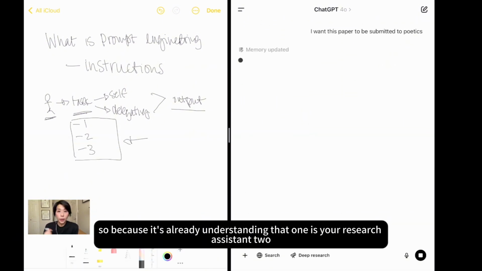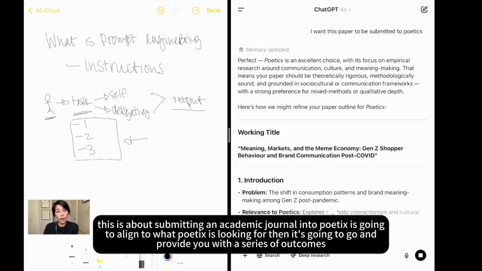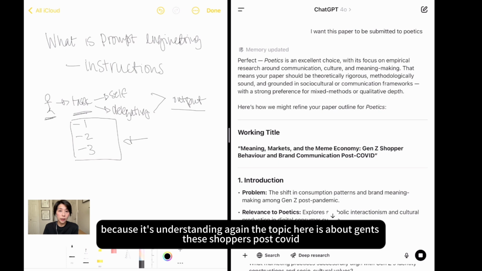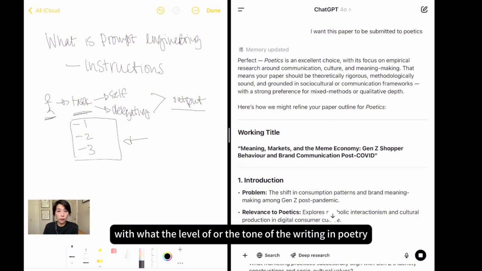Because it's already understanding that one, you're my research assistant, and two, this is about submitting to an academic journal, Poetics, it's going to align to what Poetics is looking for. Then it's going to provide you with a series of outcomes because it's understanding, again, the topic here is about Gen Z shoppers post-COVID, and it needs to match the level or the tone of the writing in Poetics.